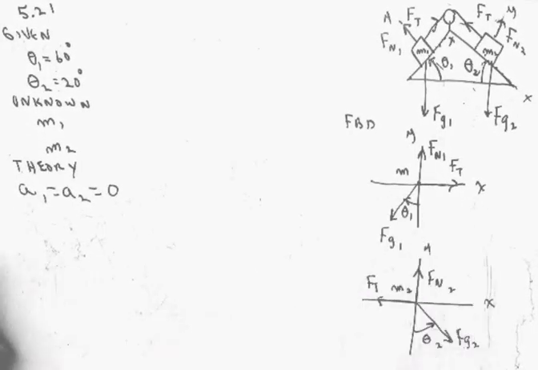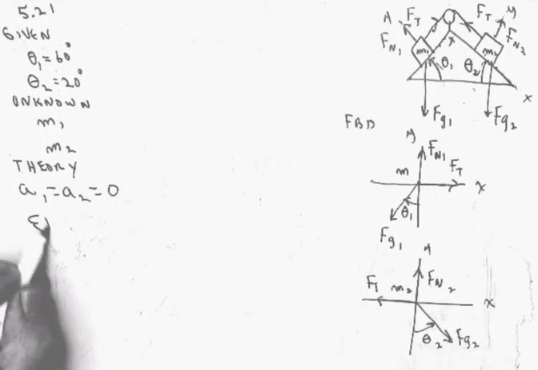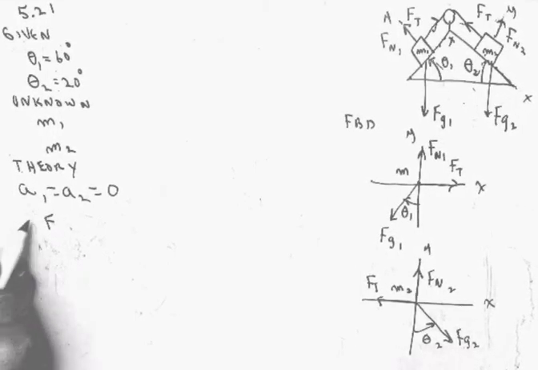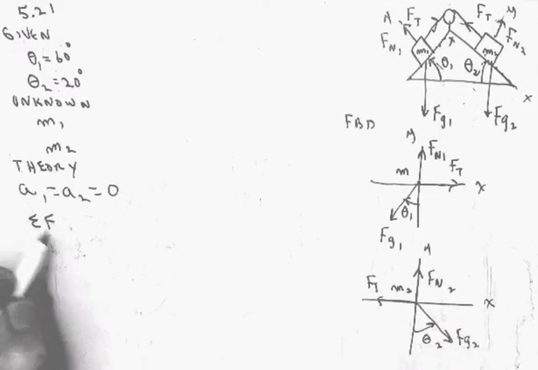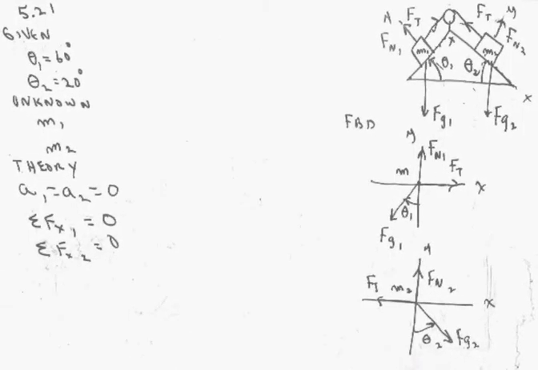If I sum the forces in the x direction on the first mass, they must add up to be 0. And the sum of the forces in the x direction on mass 2 must be 0. That's really all we need to solve this problem, because we want to know how the masses compare.